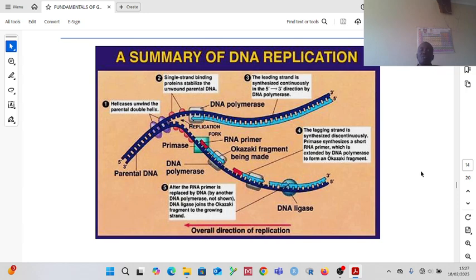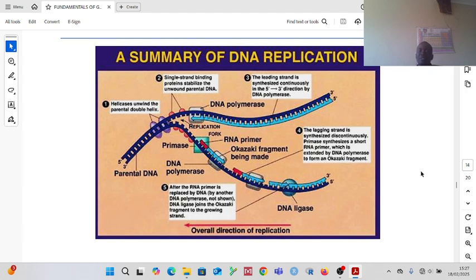Your body amplifies all that you have, but at times you only want to amplify a particular region which you want to study. That cannot happen inside your body. You have to do it outside: you get the section you want to amplify, put it in a tube and subject it to the required conditions, then it will be amplified.